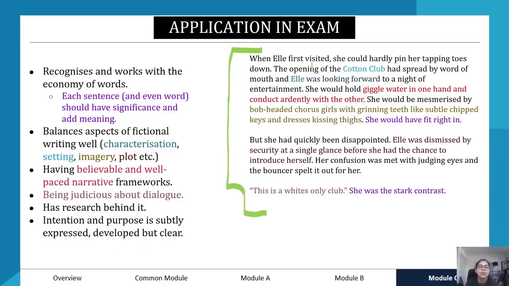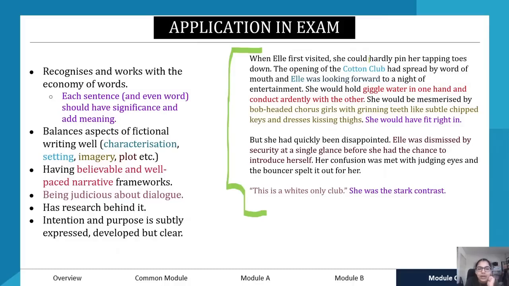So, here we go. When Elle first visited, she could hardly pin her tapping toes down. The opening of the Cotton Club had spread by word of mouth. Elle was looking forward to a night of entertainment. She would hold giggle water in one hand and conduct ardently with the other. She would be mesmerized by bob-headed chorus girls with grinning teeth like subtle chipped keys and dresses kissing thighs.